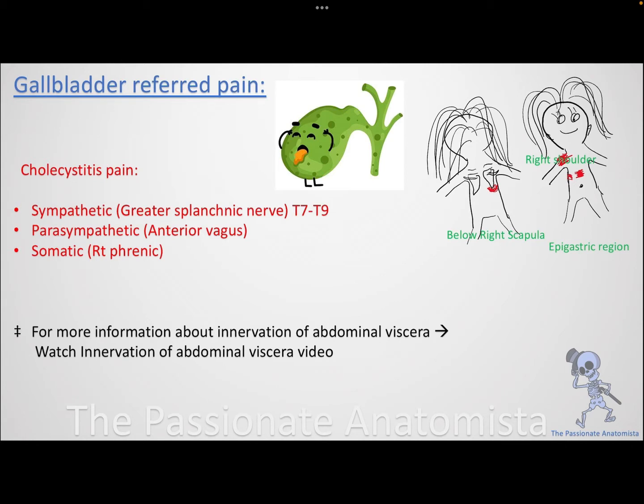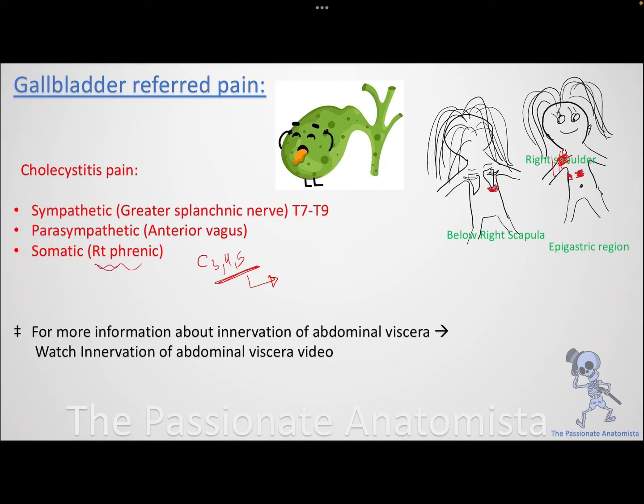It gets parasympathetic innervation from the anterior vagus, and it also receives somatic innervation from the right phrenic nerve. The right phrenic comes from C3, 4, 5, and these roots give the supraclavicular nerves, and these nerves supply the right shoulder.